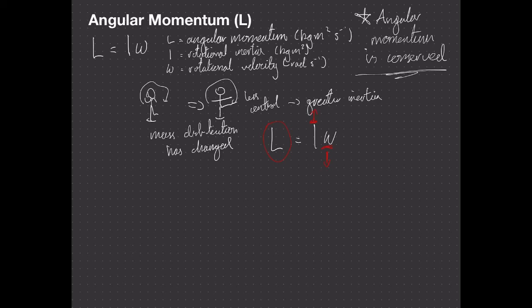Therefore it will increase as you get less centrally distributed, meaning when our angular momentum is conserved, our angular velocity must decrease to accommodate. Okay, so we could have an individual spinning really, really fast, they open their legs and arms out and they spin a little bit slower. Okay, so that's the basics.